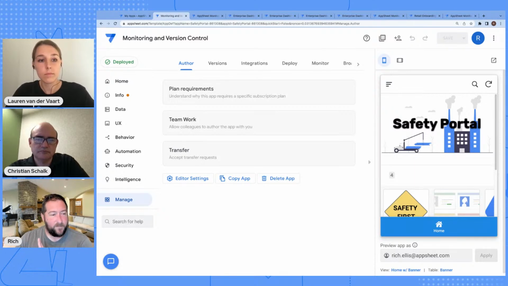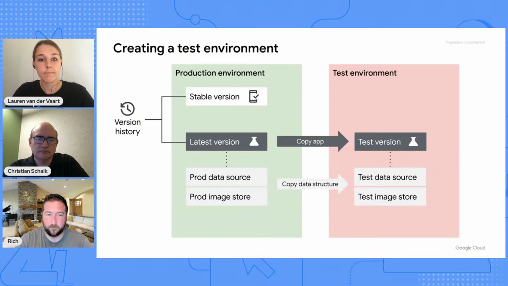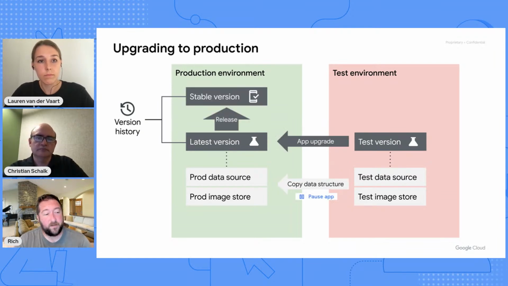So what we just covered was, if you want to jump back to the slides, Lauren, this is all about creating that test environment and creating this separate environment. So next, we're going to cover what happens when you need to now upgrade your production application with your test instance.